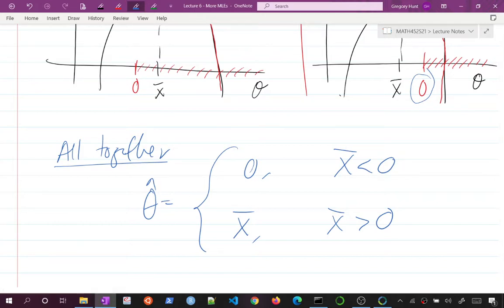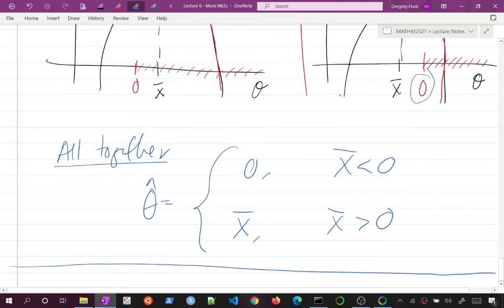Because if my x bar is negative, it's not going to be more likely that the data came from some distribution with a really positive theta. The maximum likelihood estimator is when the population mean is 0. Okay. So it's a bit of a more complicated example.